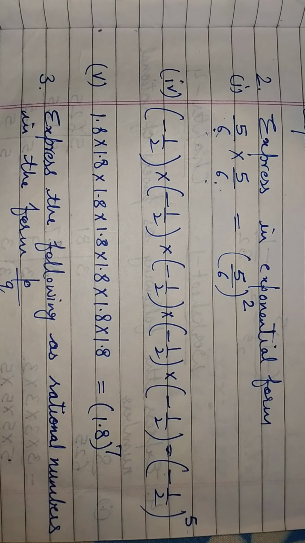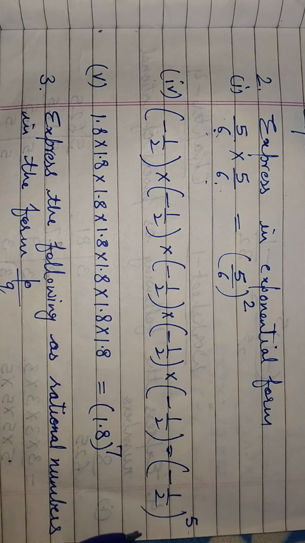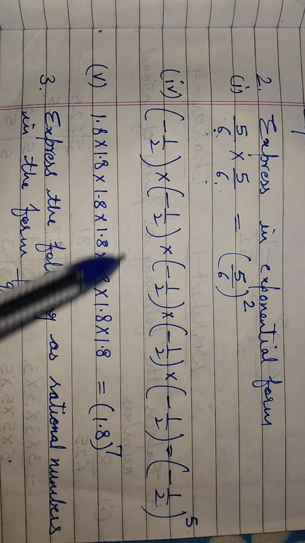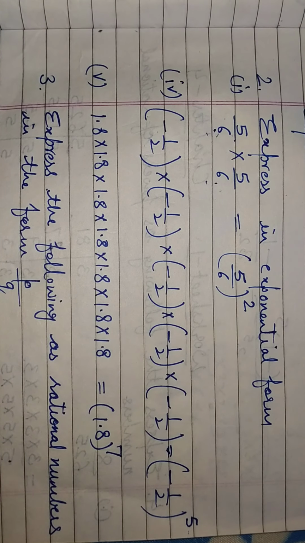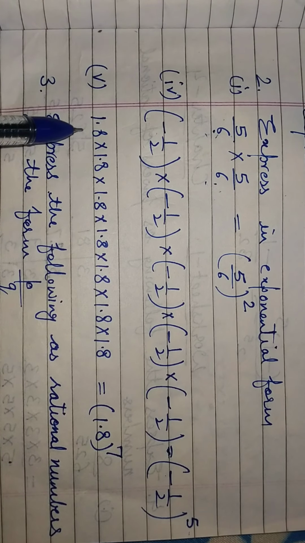This is the exponential form. It was given in expanded form, and you have written this expanded form as exponential form, in the form of powers, in the form of exponents.